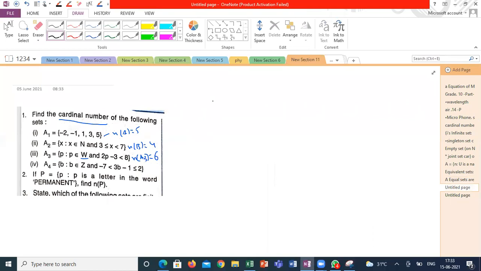What is the N of A4? So the A4 equation is: B belongs to Z. What is the meaning of Z, guys? Integers. The given statement is -7 less than 3b minus 1 less than or equal to 2.